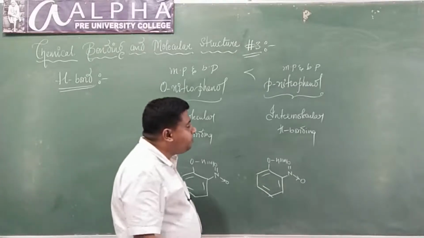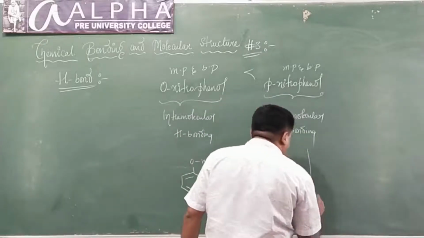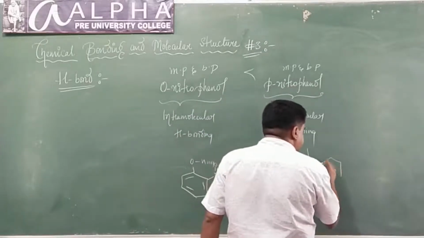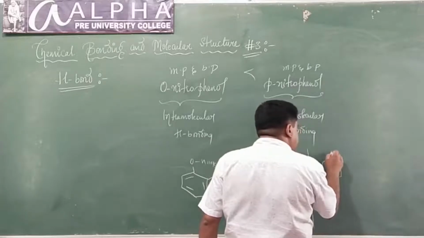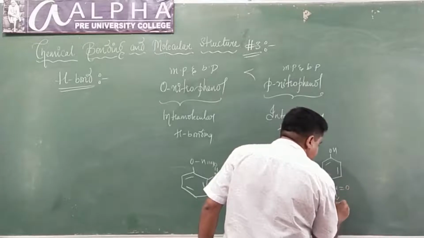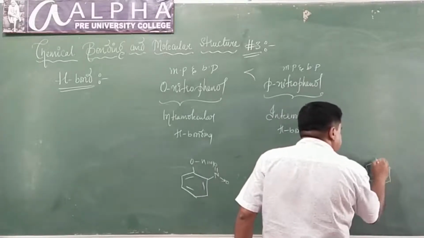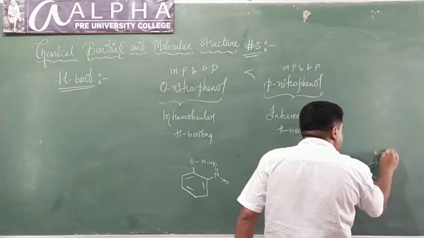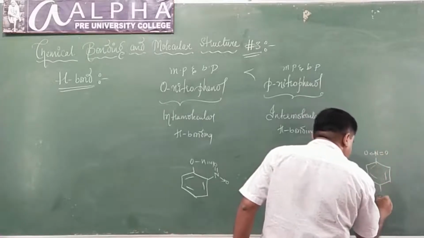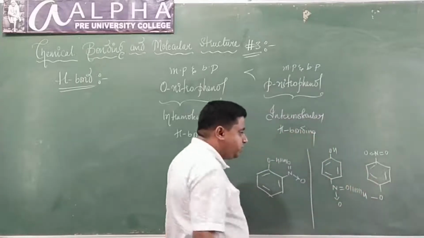So how about paranitrophenol? I'll write it here. Paranitrophenol goes like this. Okay, see this? So there is a hydrogen bond between the molecules.